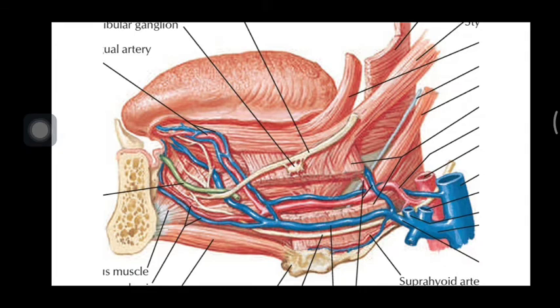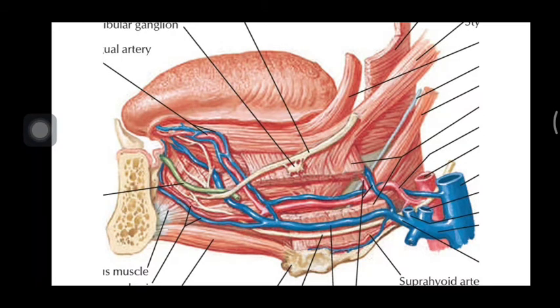It runs horizontally forward along the upper border of the hyoid bone, and it lies between the hyoglossus laterally and the stylohyoid ligament and the middle constrictor medially. Here the artery is separated from the hypoglossal nerve. This is the hypoglossal nerve. Here the artery is separated from the hypoglossal nerve by the hyoglossus muscle.